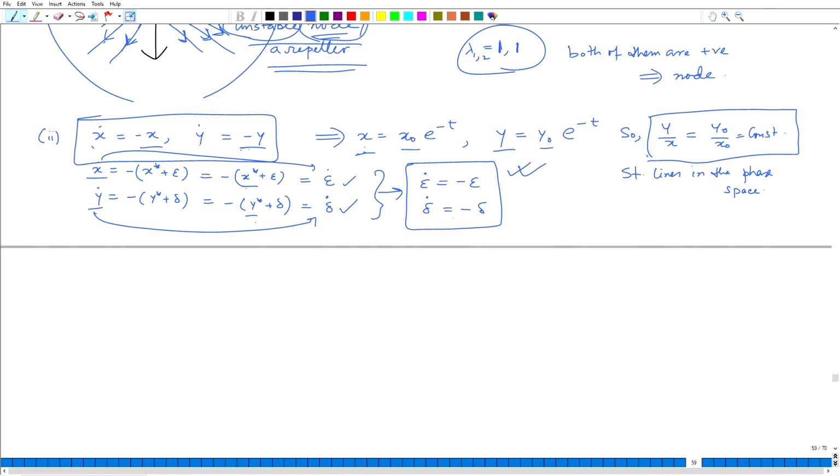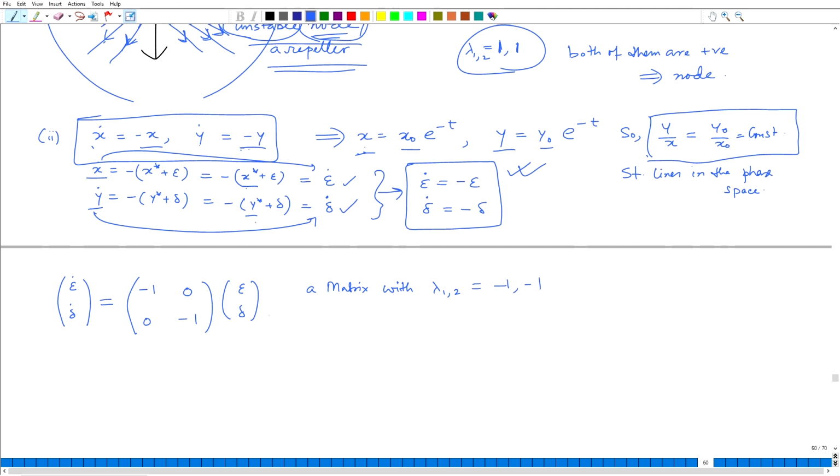So, I have epsilon dot and delta dot, and I have my linearized equation, where I can see the matrix minus 1 0 0 minus 1 acting on epsilon and delta. Finally, I have lambda 1 and lambda 2 equal to minus 1 and minus 1.